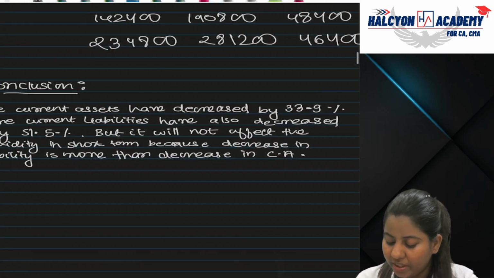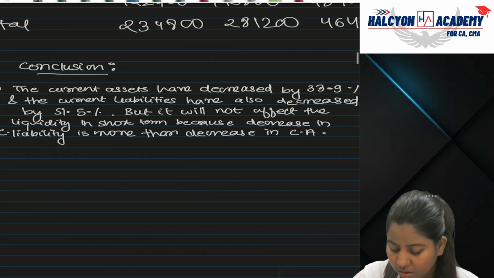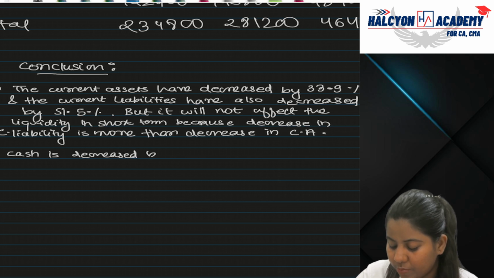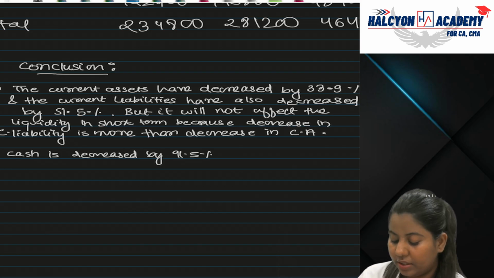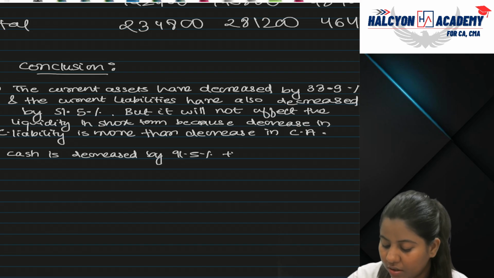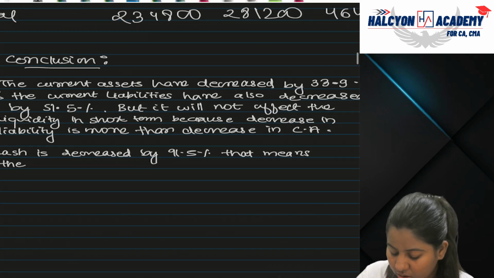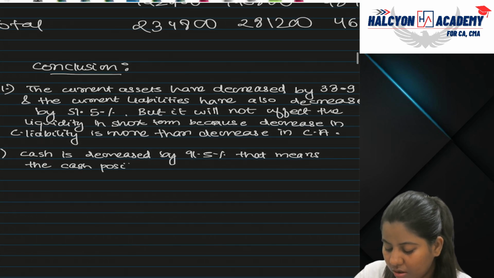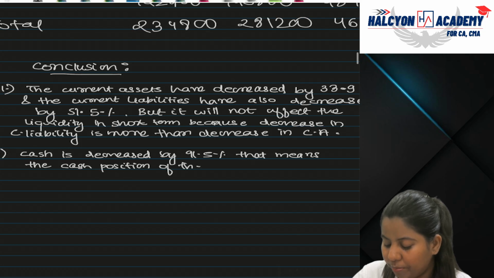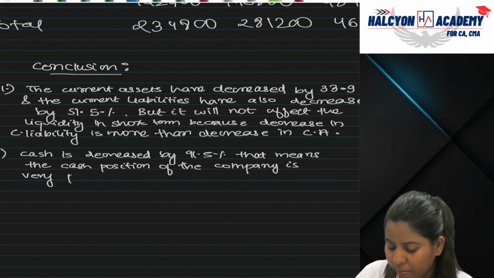So the second point will be: cash is decreased by 91.5%. The cash and bank balance is decreased by 91.5%. That means the cash position of the company is very poor.